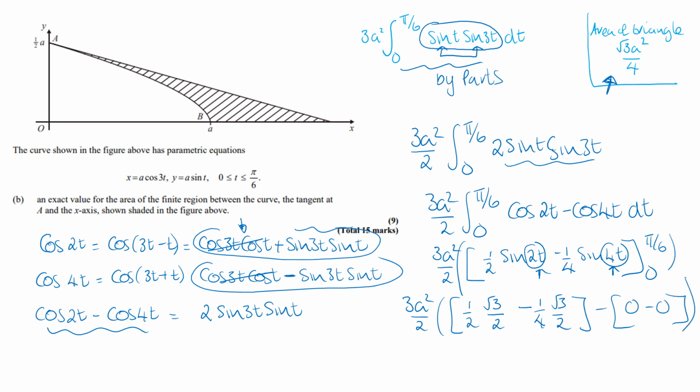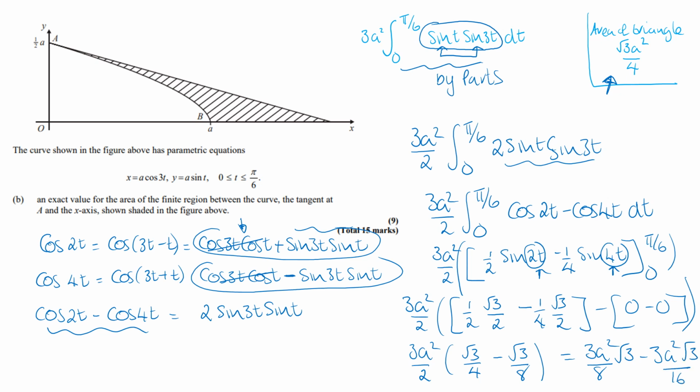So here we've got 3a squared over 2 root 3 over 4 minus root 3 over 8. So altogether that is going to be 3a squared over 8 times root 3 minus 3a squared root 3 over 16.